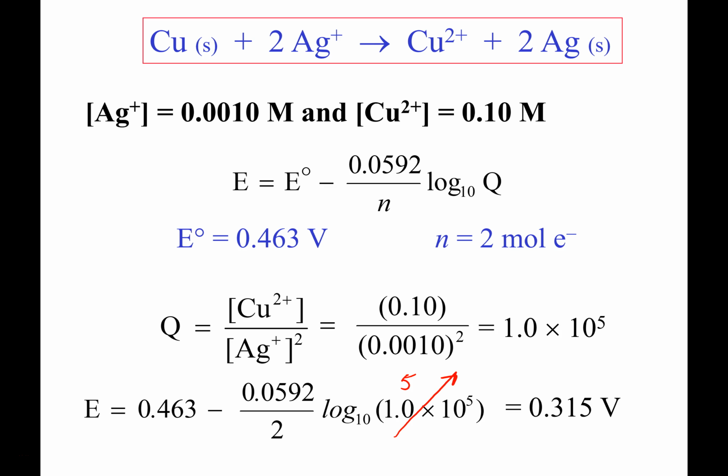So if you increase the amount, does it increase the potential? Well, it seems like if this was flipped, like if we had 0.0001 here and 0.1 here, and you end up with a negative exponent, then that's going to be a negative number, and a negative times a negative is positive, so it's going to increase the potential.